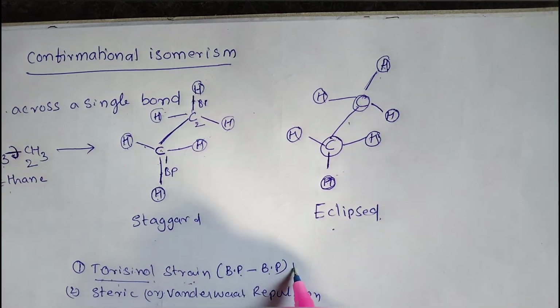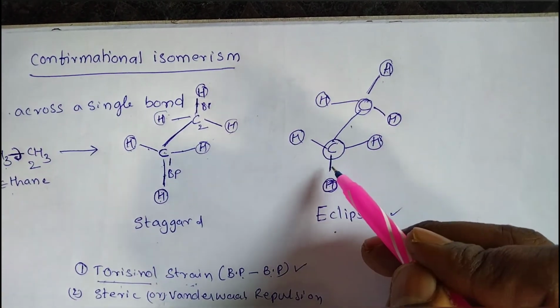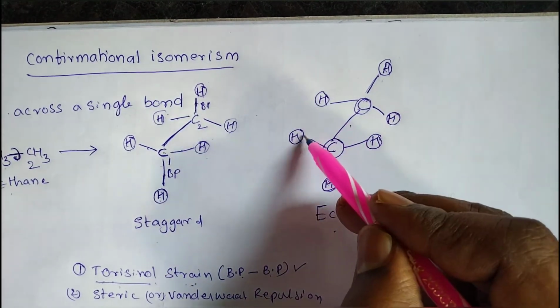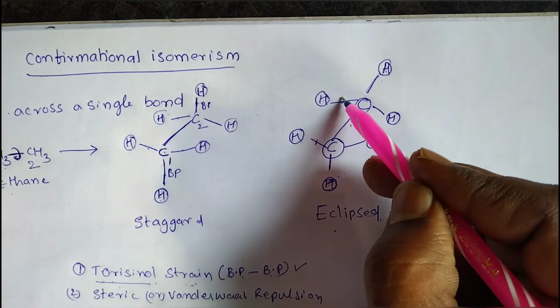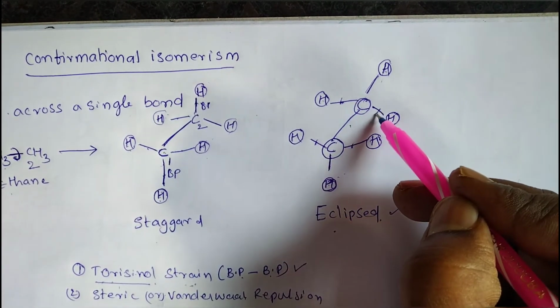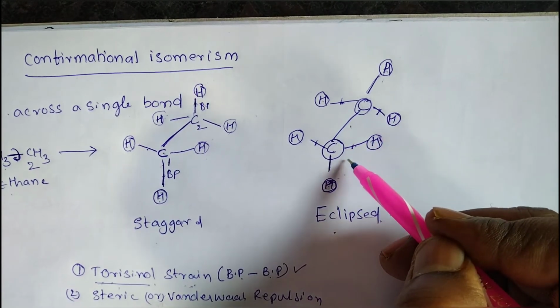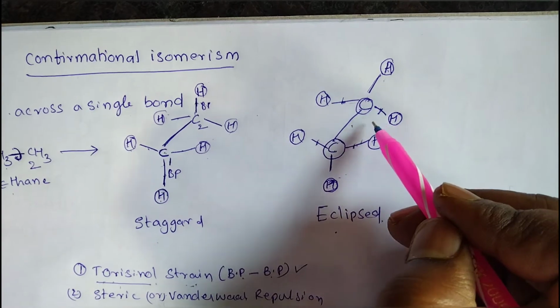That means torsional strain is more in the eclipsed form, because this atom is exactly behind that one, and this bond pair and this bond pair repel each other. Because of these repulsions, to minimize them, they try to rotate.